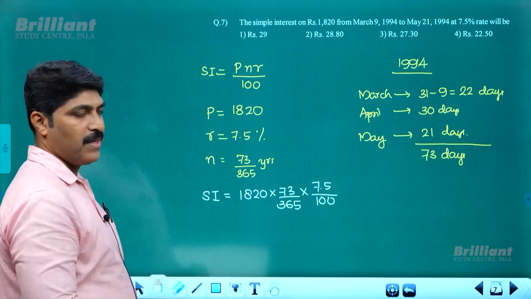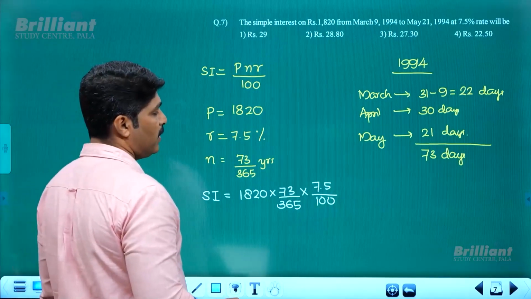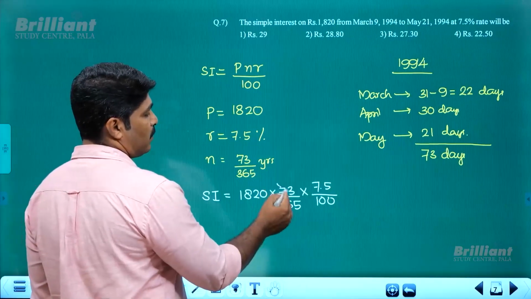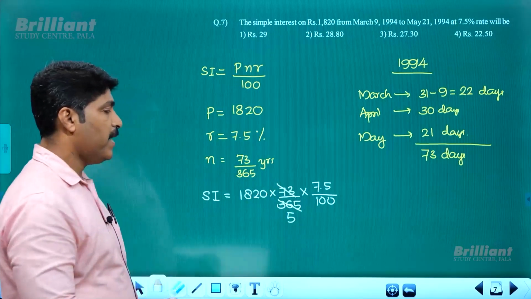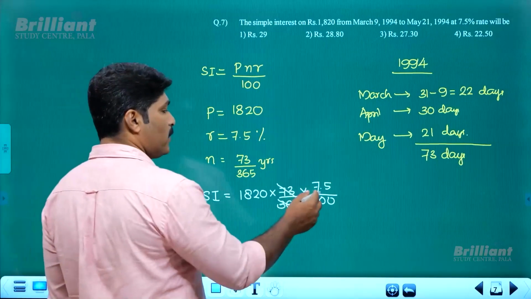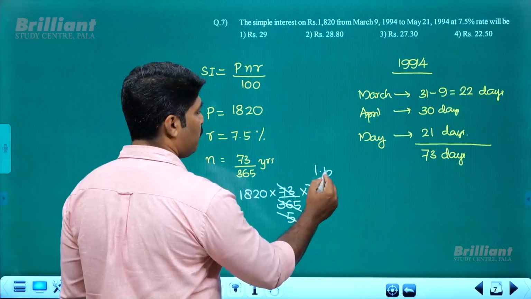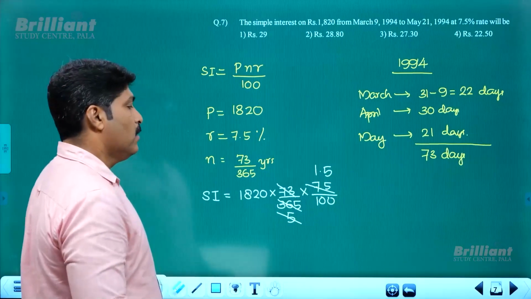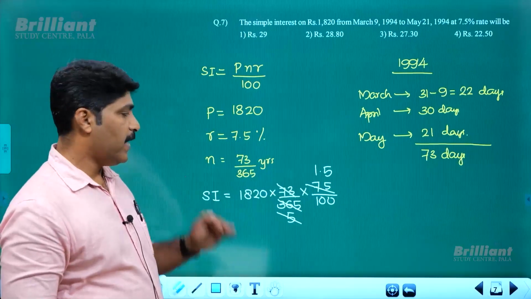Simplify it further. Here we know that 365 is 5 times 73, and this value we can also simplify: this is 5 into 1.5. So we can simplify this to 182 into 15 by 100.